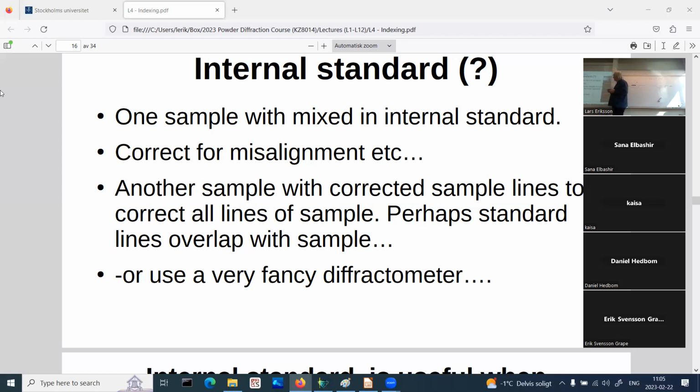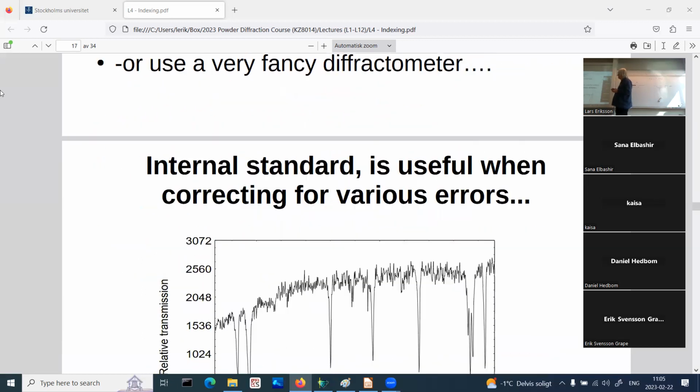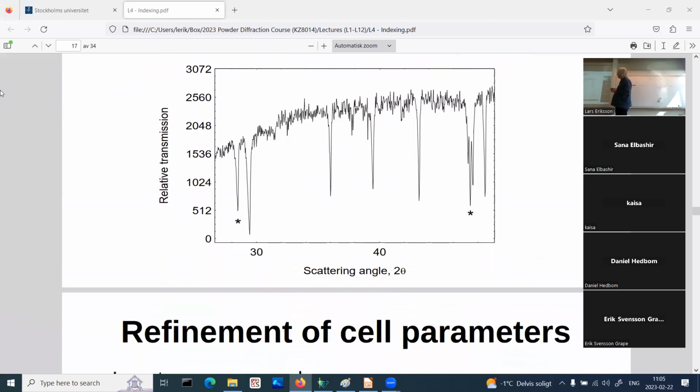Here is a sample of calcite, I think. But then we mixed in some silicon, and this is a line for silicon at 28.44 degrees. And here's another line, but this overlaps. But it was still quite easy to identify that this is the silicon line.